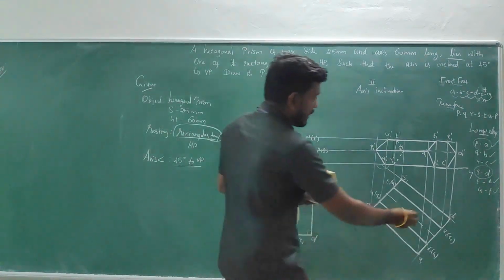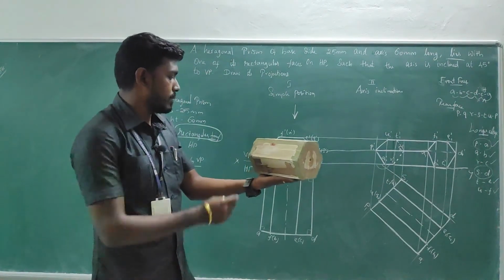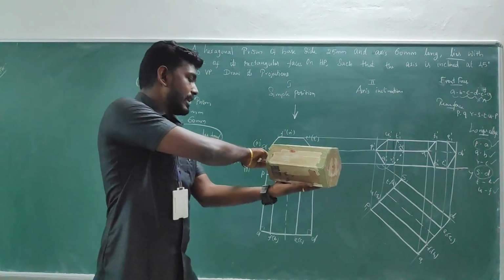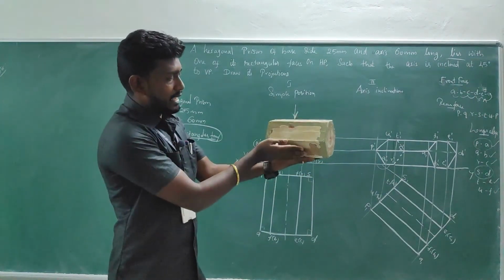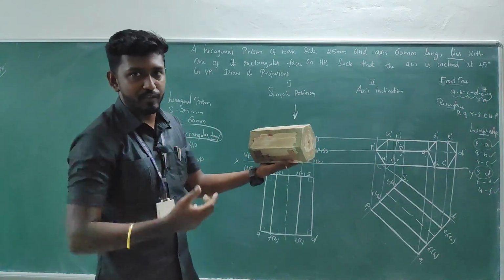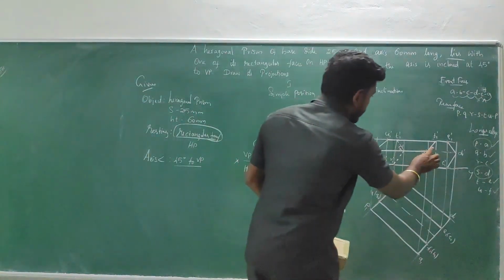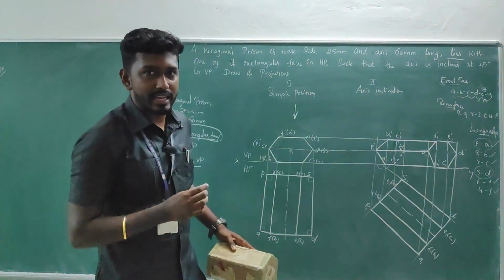And what happens to the longer edge S and D, where is it actually? Here is S and here is D, which is lying behind the rectangular face, right? It won't be visible from the front view. So some of the portion is covered with a dark object line.